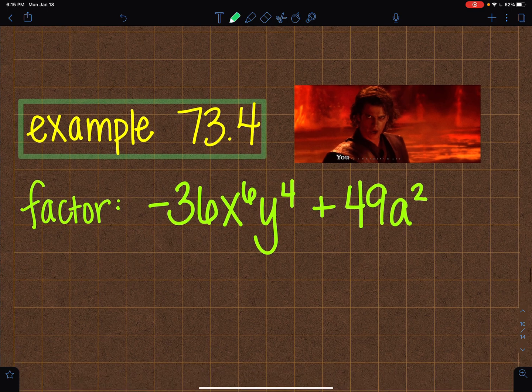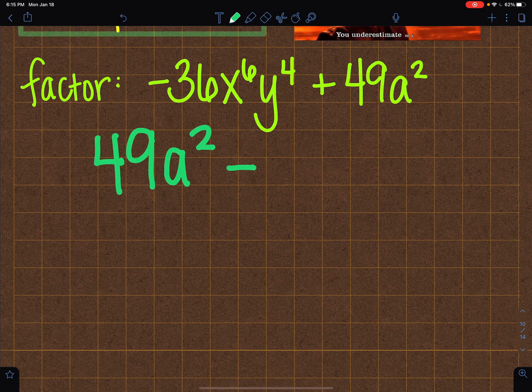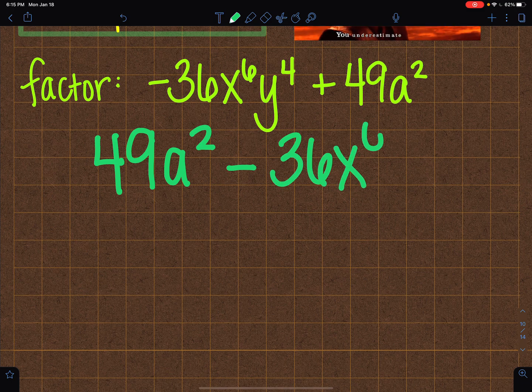So let's rewrite it so it actually looks like the difference of two squares. 49a squared minus 36x to the 6th y to the 4th. How do we take the difference of two squares?